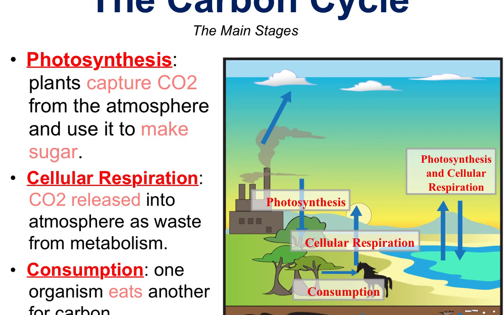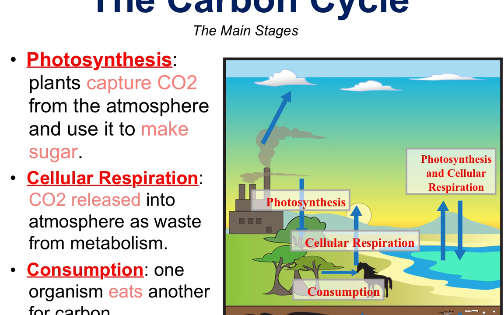As a biology student, you need to learn the main stages of the carbon cycle. There's photosynthesis, where plants capture carbon dioxide from the atmosphere and, remember, use it to make glucose. In cellular respiration, carbon dioxide is released into the atmosphere as a waste product from metabolism.